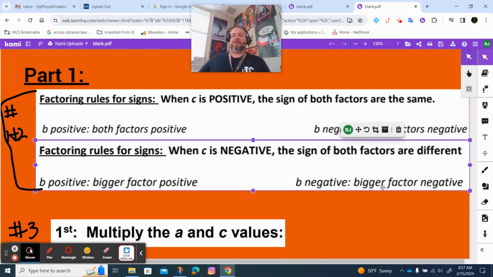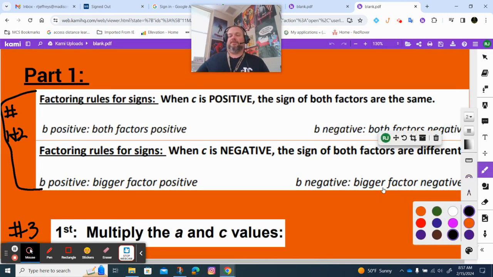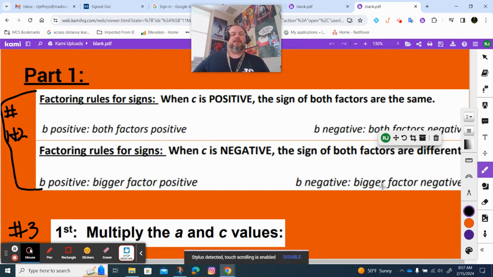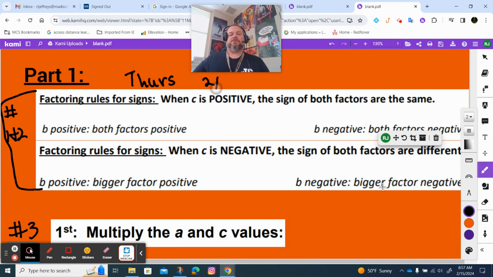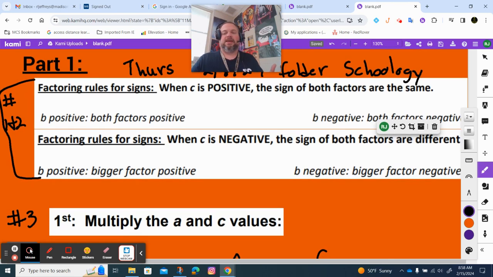And these are from Thursday to 8/24 folder school OG. Okay, so that's actually what that is.